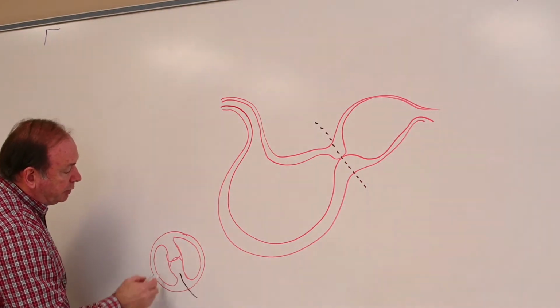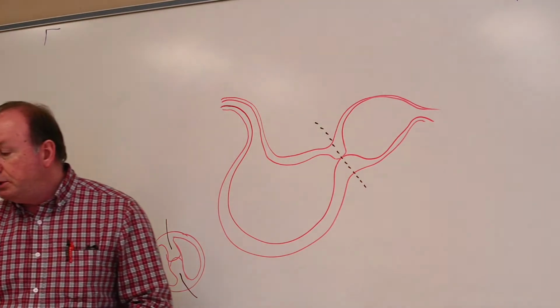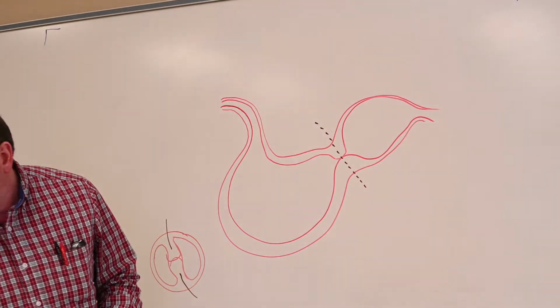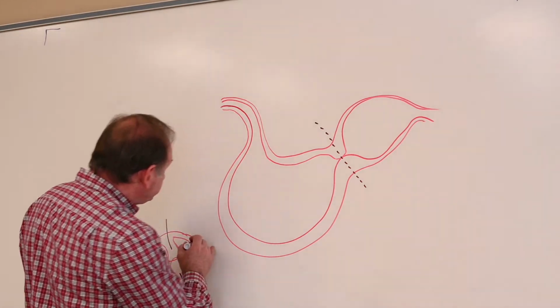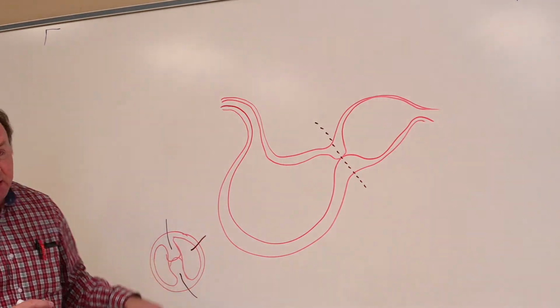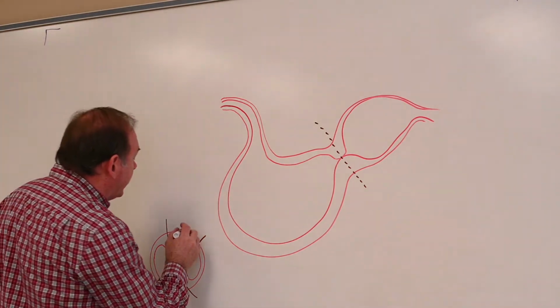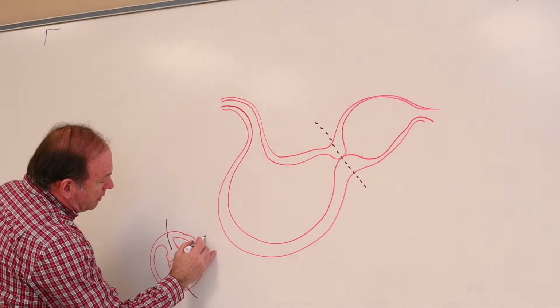So there's your ventral endocardial cushion, there's your dorsal endocardial cushion component. On this side, this passage through here is the left atrioventricular canal. Where can I label that?